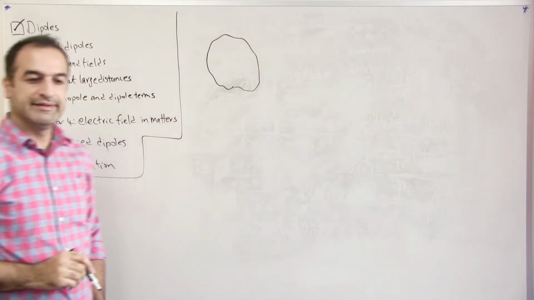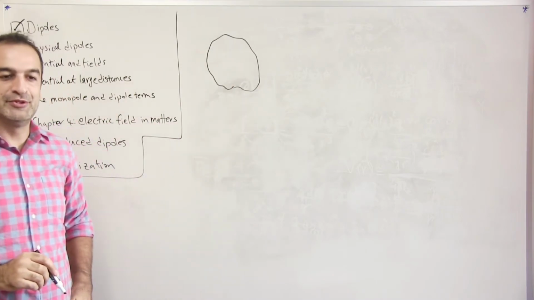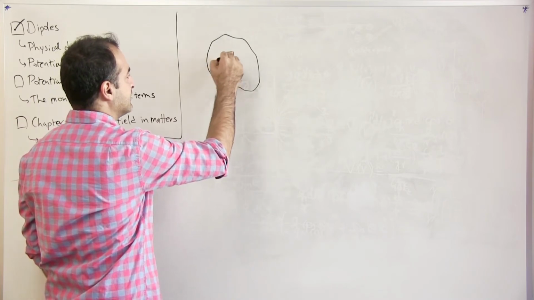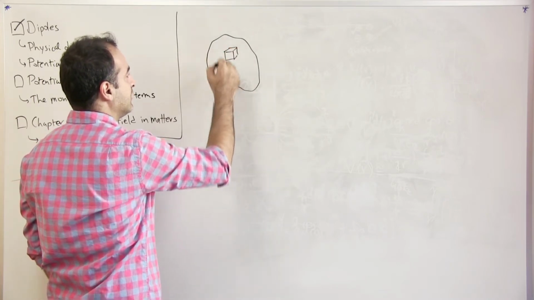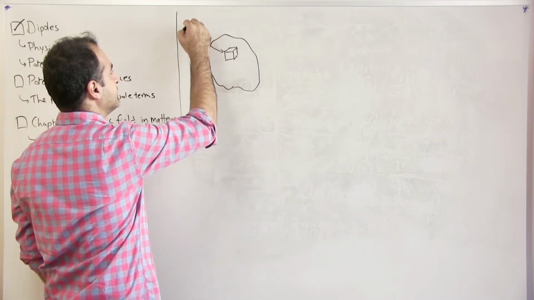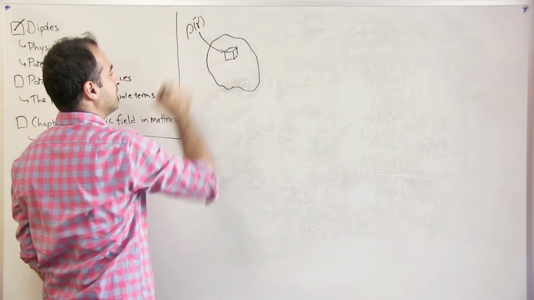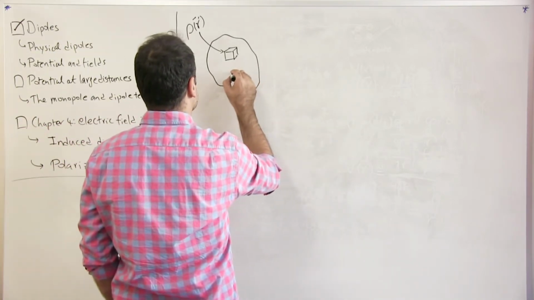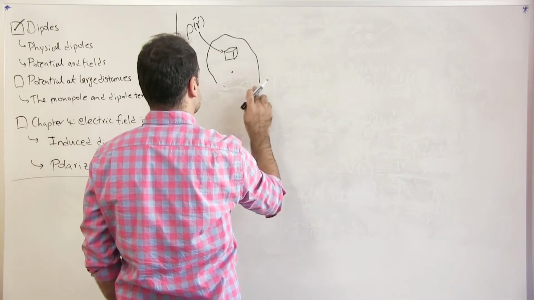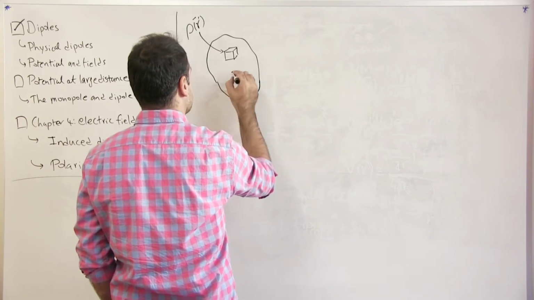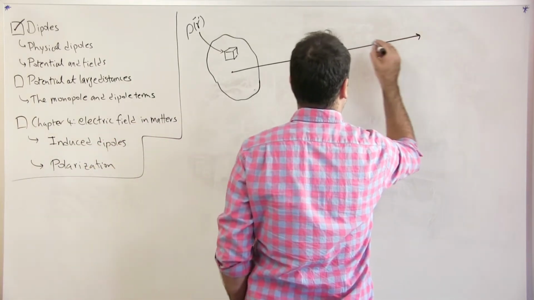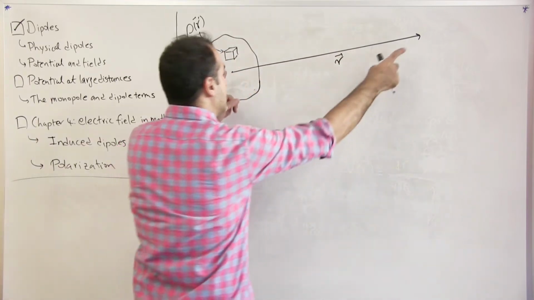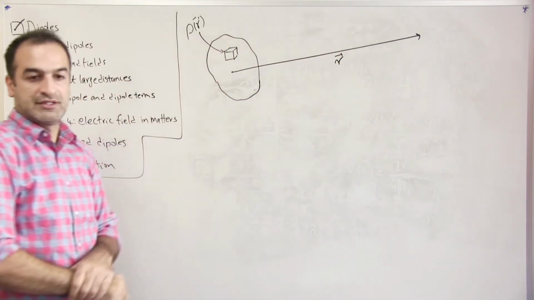So now let's consider a random charge distribution, and we choose any small volume here. Let's assume the charge density here is rho of r prime. Let's imagine that we are trying to calculate the electric potential at distance r, which is large compared to the length scale of this charge distribution.